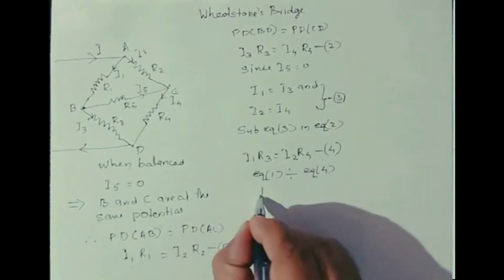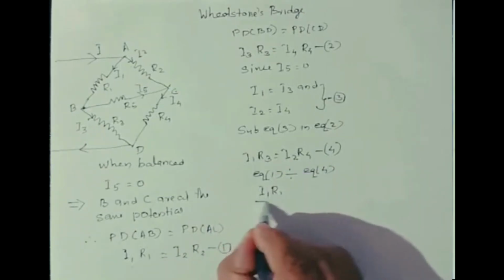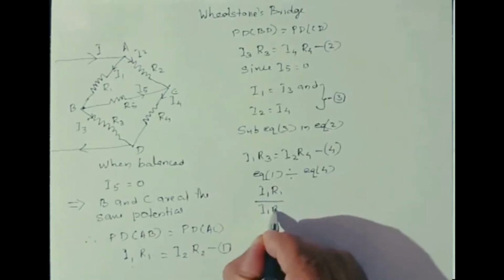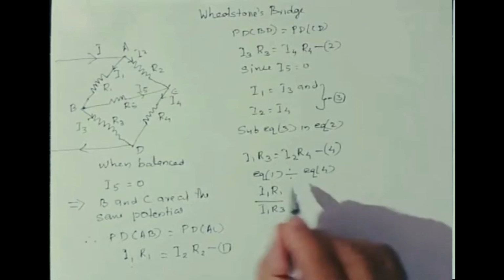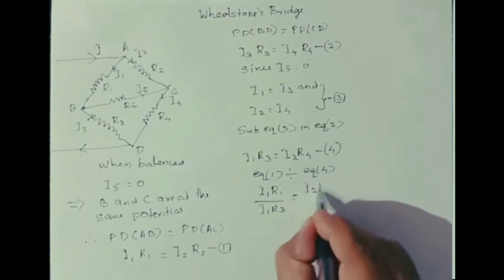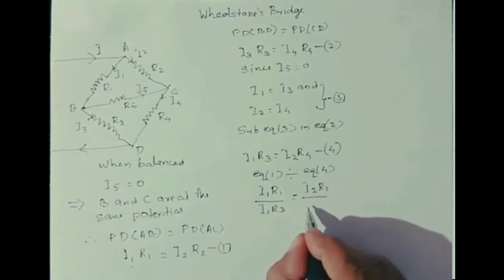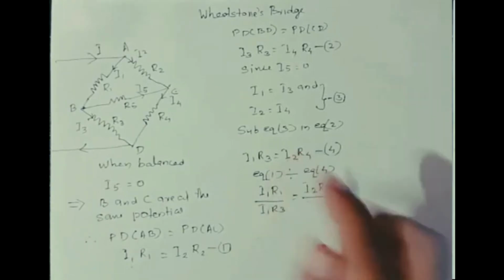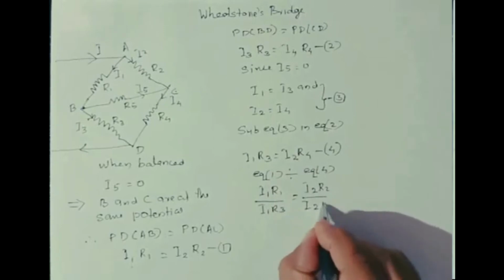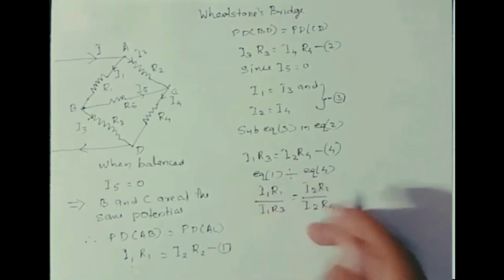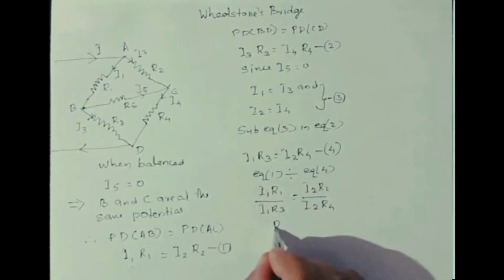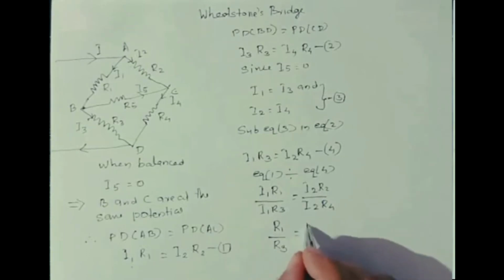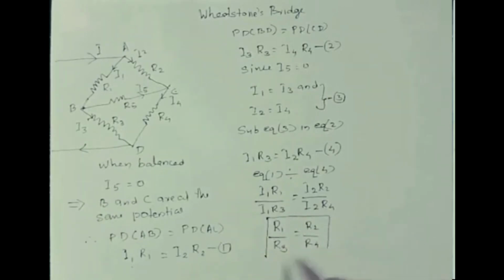I1 R1 over I1 R3 is equal to I2 R2 over I2 R4. So you will get R1 over R3 is equal to R2 over R4. So this is the balancing condition for Wheatstone's circuit.